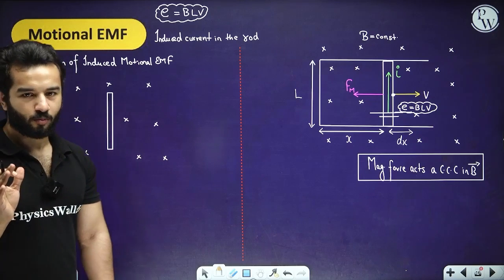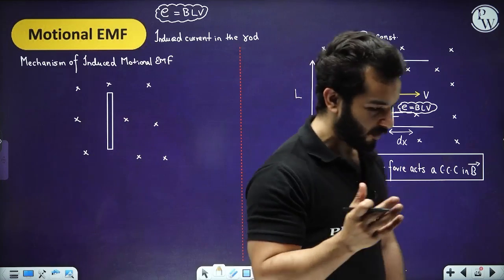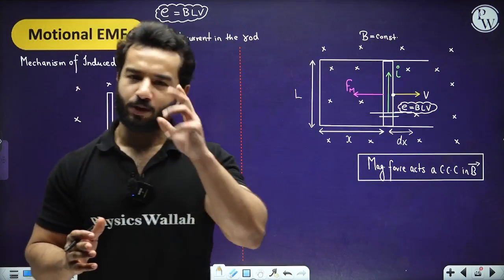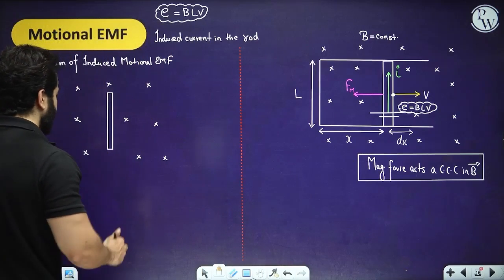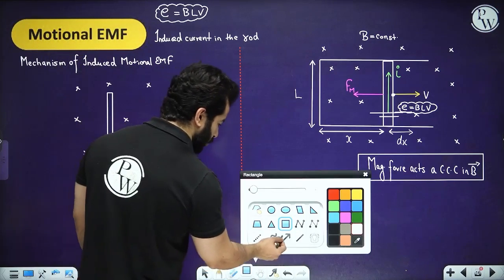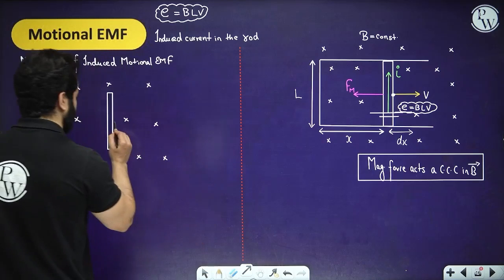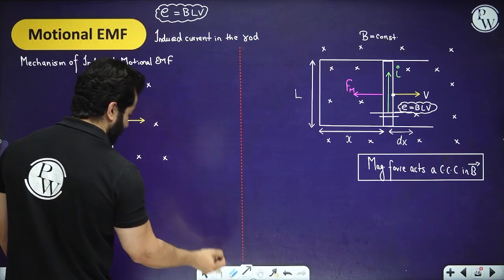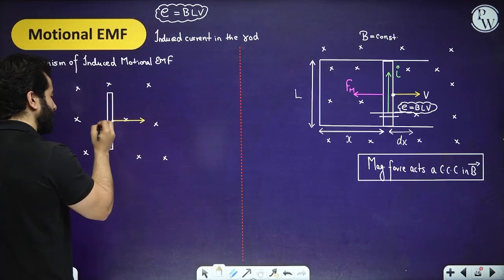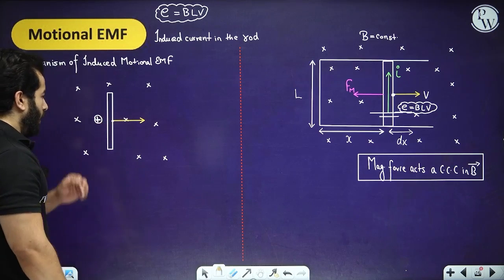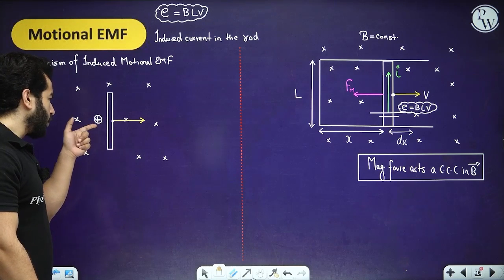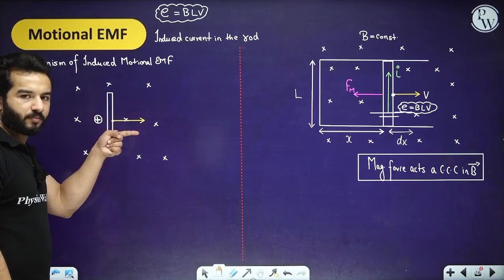I know there are no free positive charges, but for a hypothetical situation, let's say this rod is moving in this direction. It will have many charges. Let's say it has one positive charge also. A positive charge is moving in this direction.